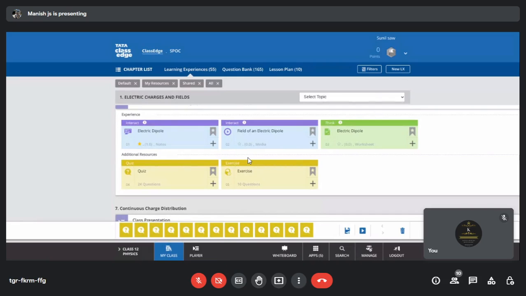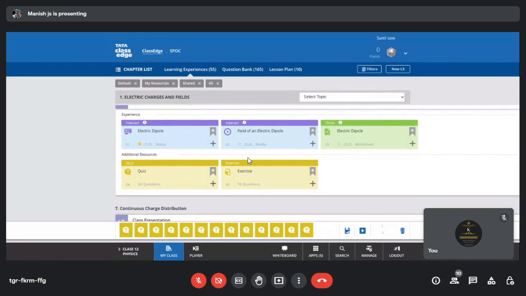Electric dipole is nothing but two charges. Whenever I say dipole, there are two polarities, one positive and one negative charge, separated by a distance of r in space. You try to find the resultant electric field due to that system of charges.